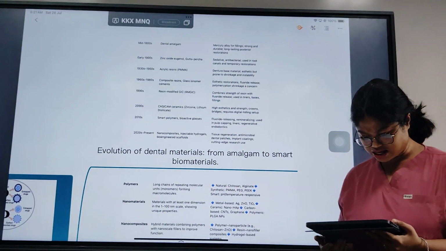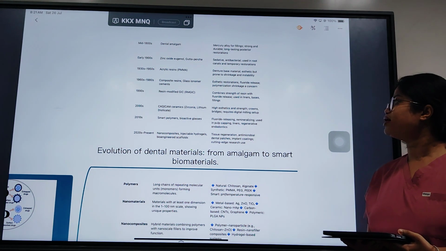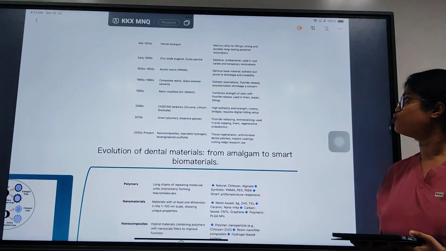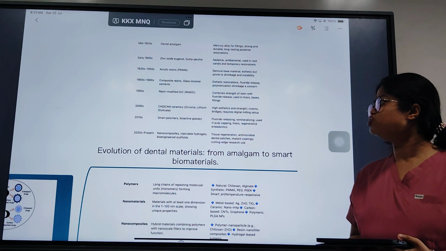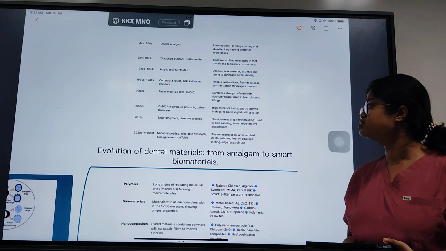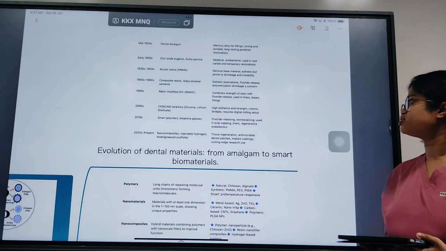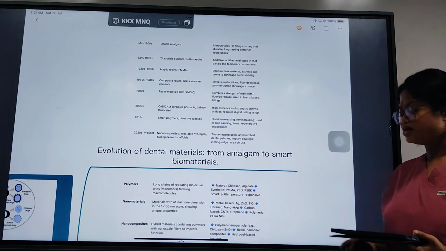In the 1990s, resin-modified GIC was there. It combined the strength of the resin with fluoride release and was used in liners, bases and fillings. In the 2000s, CAD-CAM came into play with zirconia, lithium and silicate. It had high strength and aesthetics for crowns and bridges, and it required a digital milling setup.